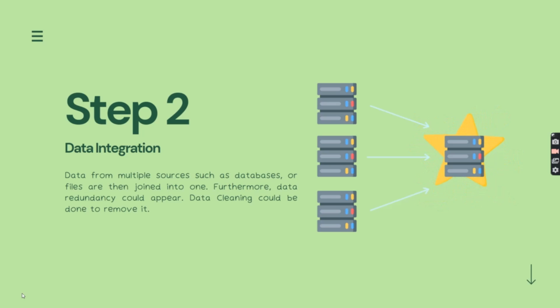Data integration combines all into one USB flash drive to make it organized. Furthermore, it is possible that you have different copies of the same school paper in different USB drives. In data mining, it is known as redundancy. Further data cleaning could be done to remove the said data redundancy.